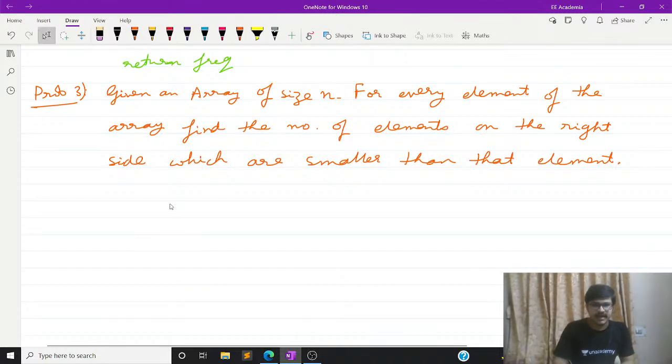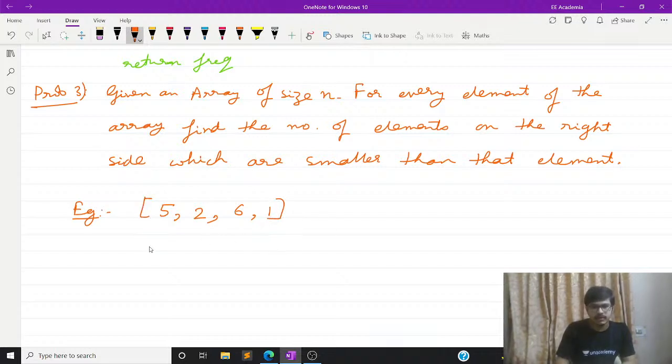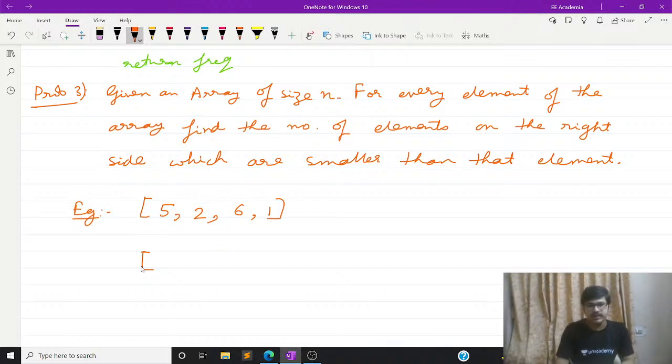So if you are given an array like this, let's say an example, 5 2 6 1, your answer should be: the number of elements smaller than 5 on the right side is 2, since 2 and 1 are smaller, right? So this will be 2. The number of elements smaller than 2 is 1, just 1 is smaller.